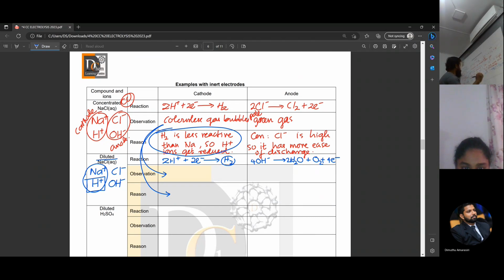So let me write the observation: colorless gas bubbles. The reason is in diluted solution, hydroxide ions have more ease of discharge.